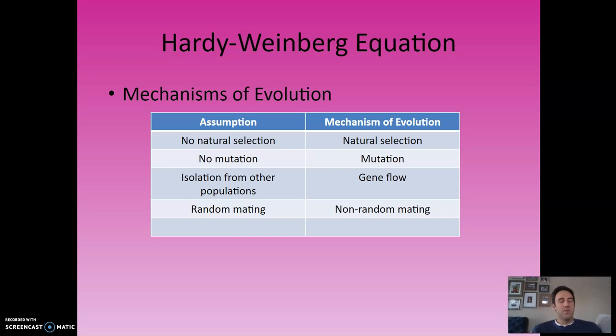And that is very creepy when you think of it in the context of humans. But if you think about plants, for example, where a plant will just kind of put pollen out into the air and the pollen scatters around and lands on another flower, that is certainly random mating. So it's a little less creepy if you think about it in terms of plants or fungi or things like that. So the mechanism of evolution then is non-random mating.